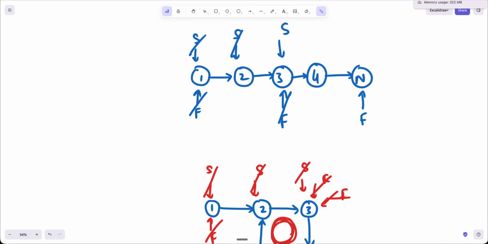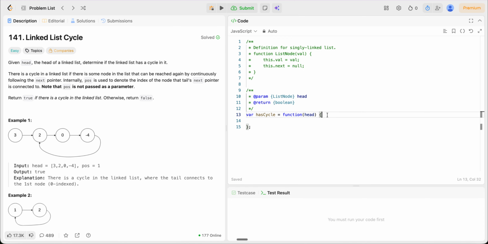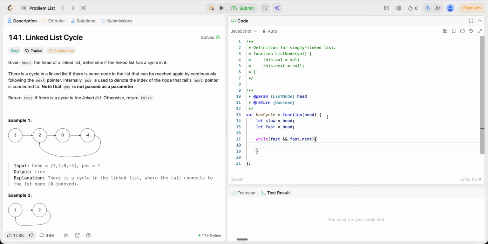So now let's try to code it up. Initially both slow and fast pointers will be pointing to head, and we will keep iterating while fast is not null and fast dot next is not null. We could also check slow here, but since fast is moving faster than slow, it will get to the end first.